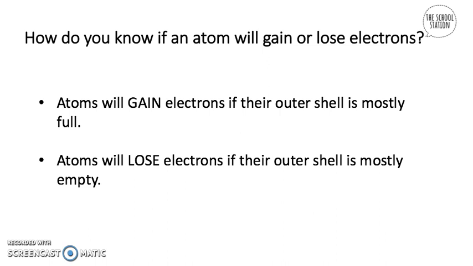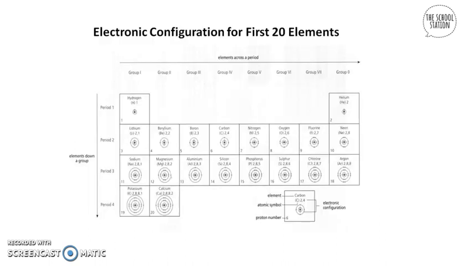The way we understand whether atoms will gain or lose electrons is by looking at the periodic table. Over here we have the periodic table, with the electronic configurations for each of the first 20 elements.